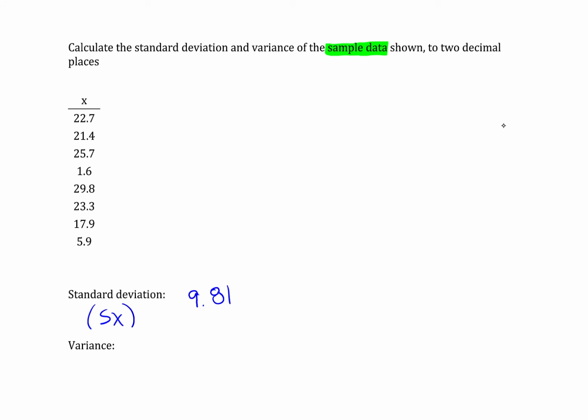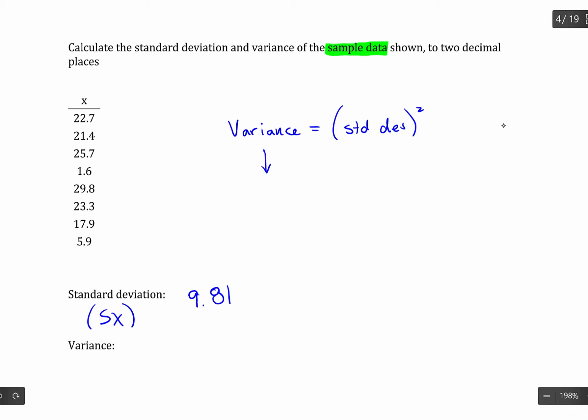The way that the variance and the standard deviation relate: the variance is simply the square of your standard deviation. I'm just going to abbreviate that. And this is even shown in the symbols for these things. The standard deviation, its symbol is S. If you square S, then that gives you the variance.